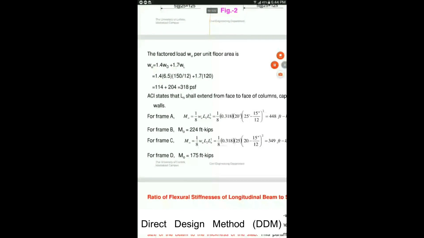Now let us see how you can calculate the total factored static moment for rigid frame C, because now the rigid frame C is running along y-axis. So 1 by 8 is the same, Wu is the same again. So for L2, I'm just going to explain with this figure.